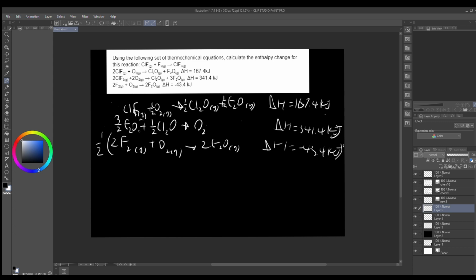Oh, I forgot the states. Gas plus ClF3 gas. And then let's also do it for the final one. So this just disappears. This becomes a 1 over 2.